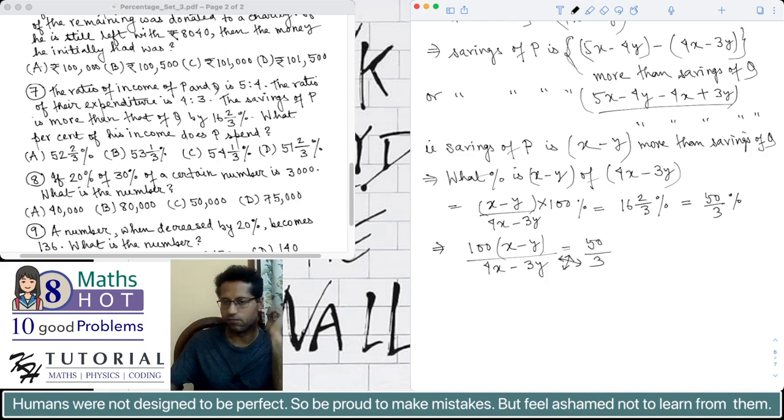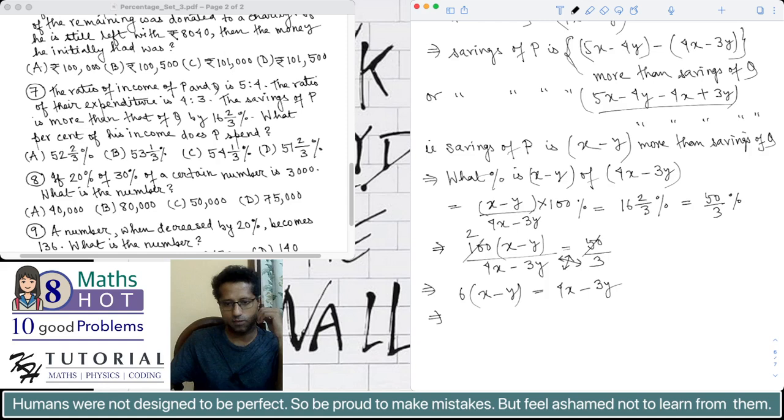or I can divide both the sides by 50, and dividing both sides by 50, 50 divides 100 with 2. So now if we do the cross multiplication, we get 3 into 2, 6 into x minus y is equal to 4x minus 3y.